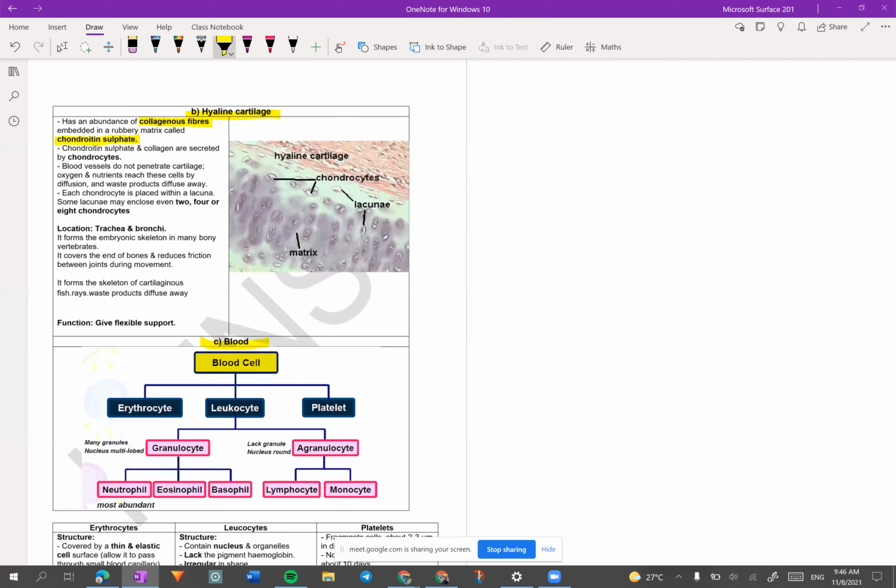So this must be memorized. Okay, for hyaline cartilage, remember it has C. So C is for chondroitin. This is my way of remembering. I'm a bit weird on that. My brain works differently from other people. So one of my ways to remember is that it has C, so it has chondroitin. And not just chondroitin, it must be chondroitin sulfate.